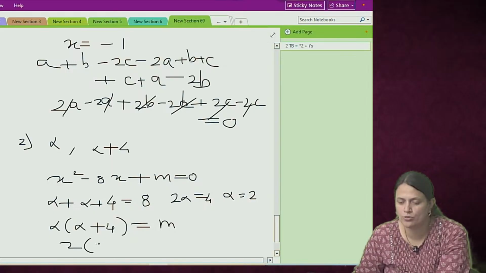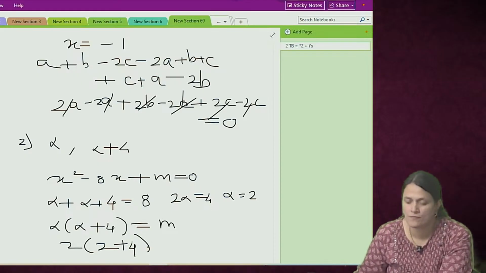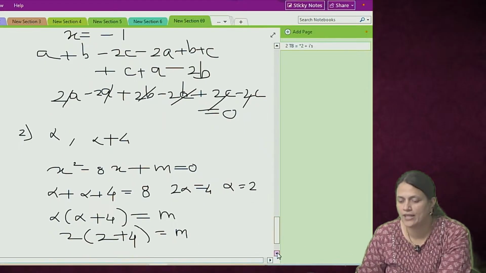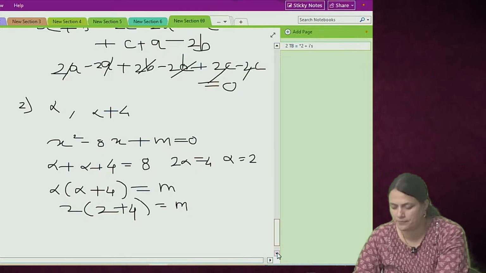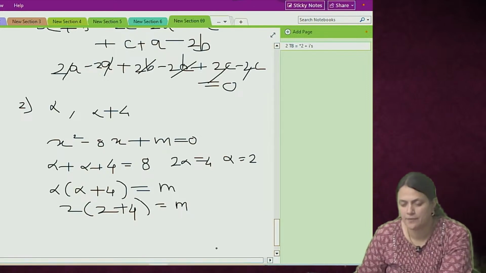So 2 into 2 plus 4 will give you the value of m. Correct? Find out the value of m and tell me. Option D.